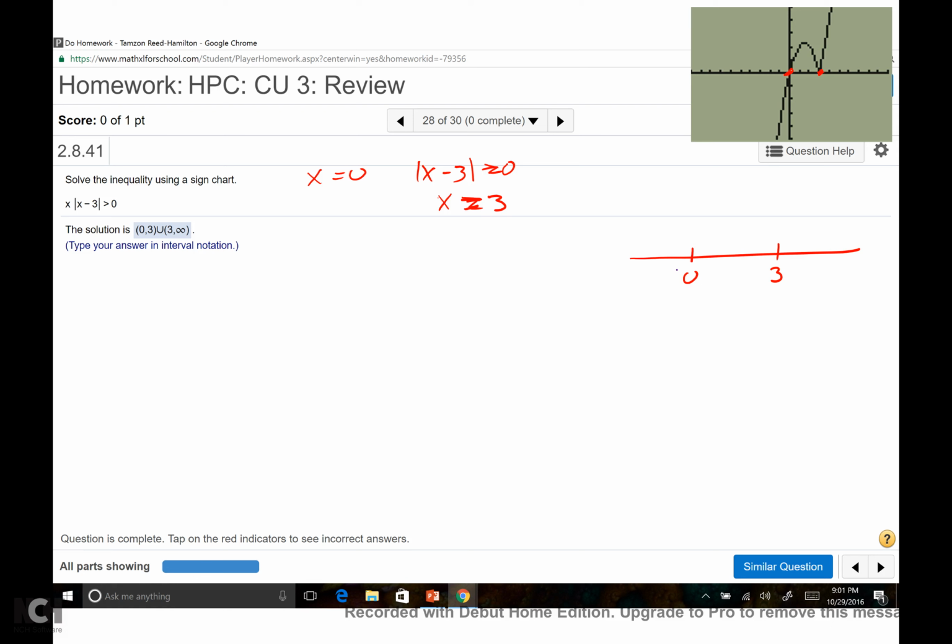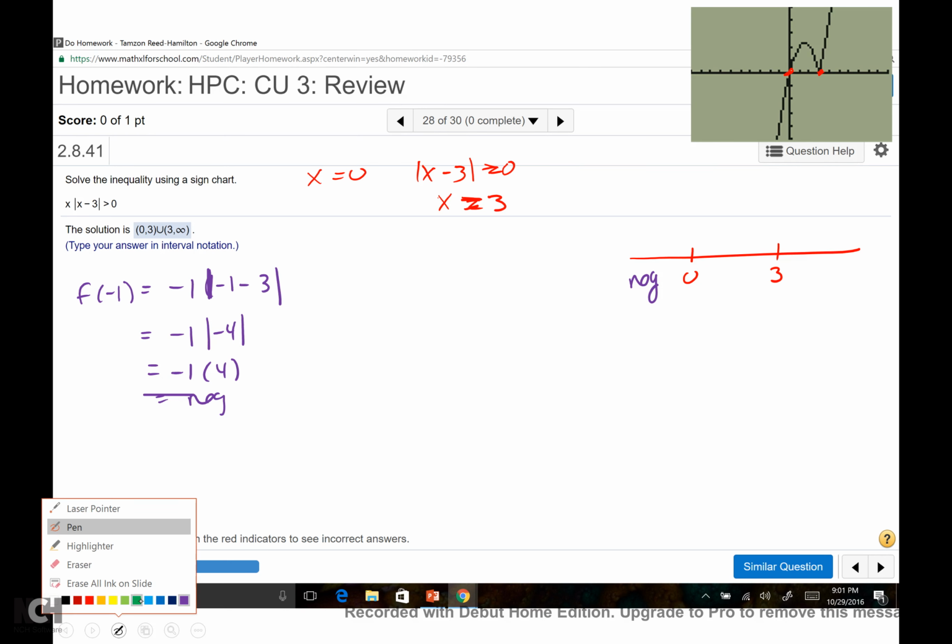If I did a sign chart, without cheating on the graph, if I pick something below 0, let's pick -1. So f of -1 is -1 times the absolute value of -1 minus 3. If I solve that, I have -1 times the absolute value of -4. The absolute value of -4 is 4, which gives me a -4. So this section is negative. Pick something between 0 and 3, I think I'll pick 1.